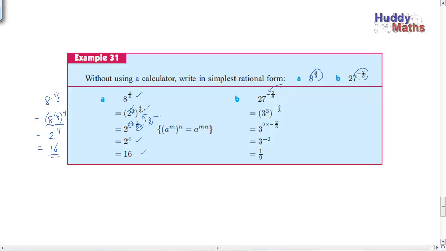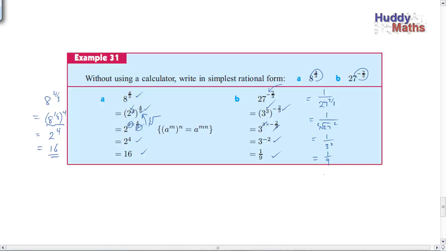Here, 27 to the -2 on 3. They have suggested you put 3 cubed to the -2 on 3, then cancelling, 3 to the -2 is 1 on 9. You could do that differently. I generally like people to say negative exponent first. 27 to the -2 on 3 is 1 on 27 to the 2 on 3, which is 1 on the cube root of 27 all squared. And the cube root of 27 is 3, 1 on 3 squared is a 9th.